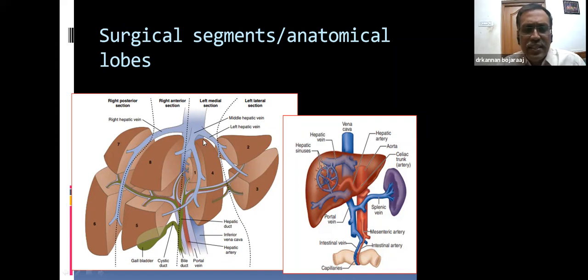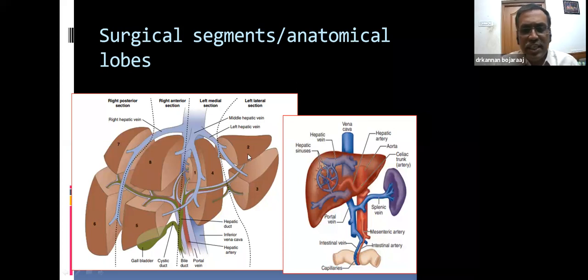With this, the liver is divided into 4 segments, and with the portal vein bifurcation, these 4 segments are further divided into 2.